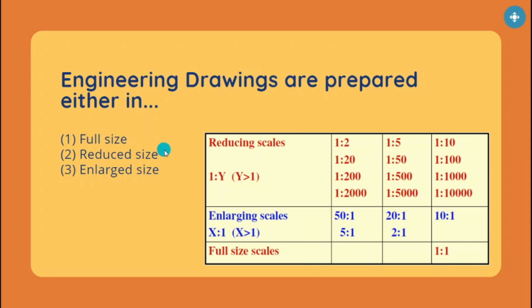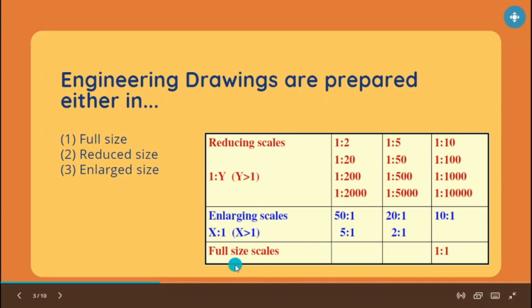Okay? Ito na yung class. May reduced size, pwede mabawasan from a big object, papaliitin natin sa ating drawing, or enlarged size. Kung yung actual object naman natin is maliit, pwede nating palakihin doon sa ating drawing. Or another way is full size. Okay? Kung gaano siya kalaki on the actual, ganun din yung ating pagkaka-drawing.